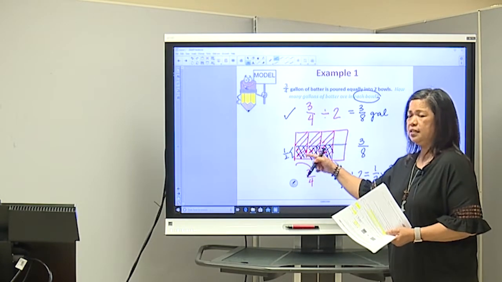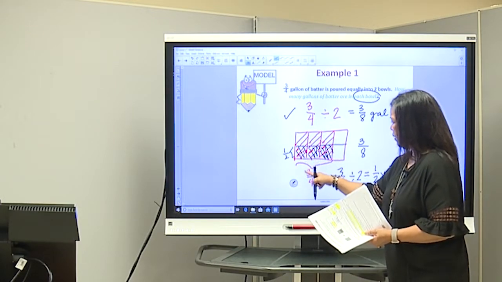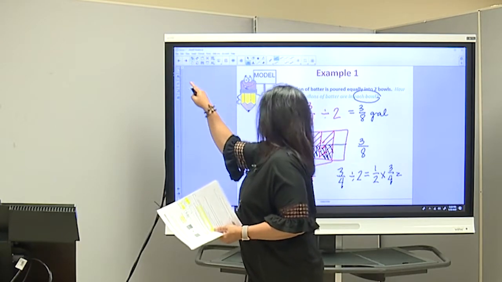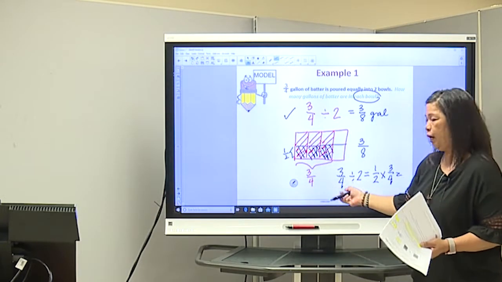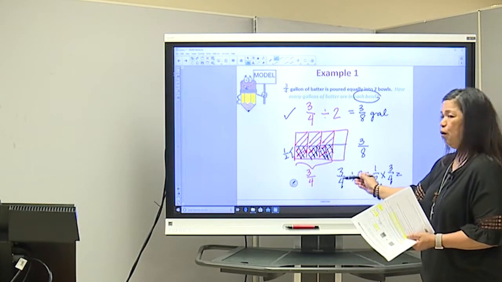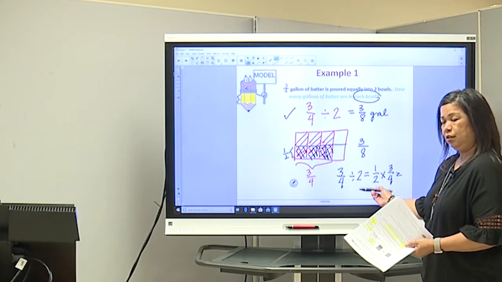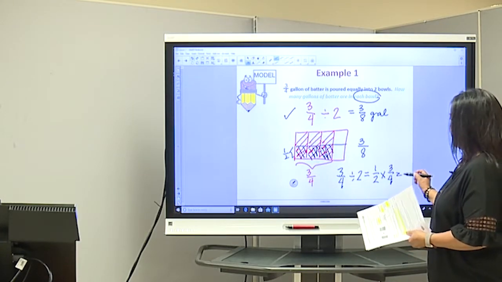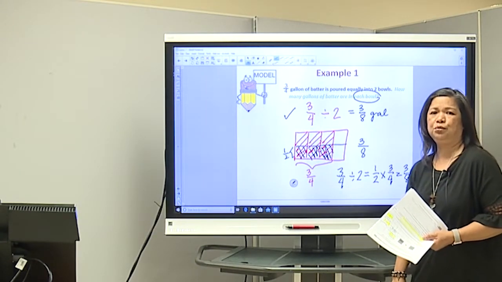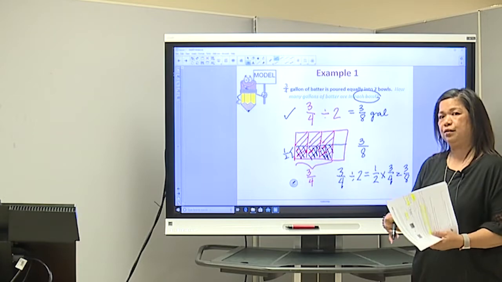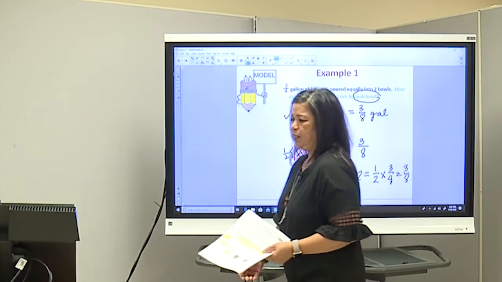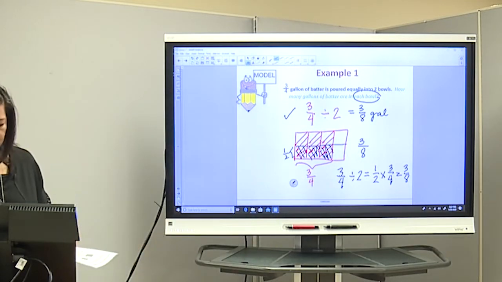In the model, I have this 1/2 and this 3/4 that I modeled. And we got 3 out of 8. So 3/4 divided by 2 is the same as 1/2 times 3/4, and of course we get the same answer, which is 3/8. In this example, we put together the division sentence and the multiplication sentence. So what is this lesson trying to teach us?